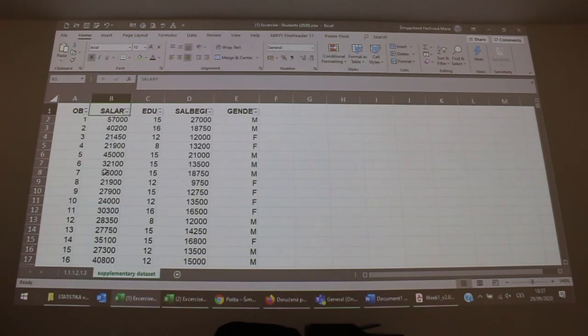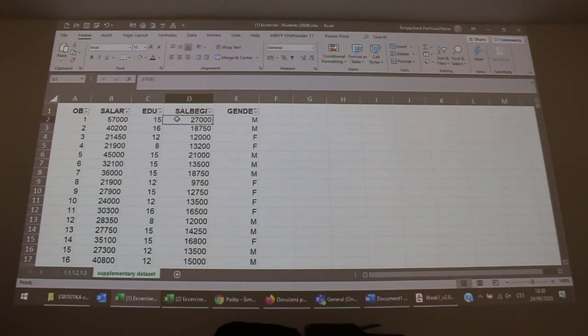salary, in Czech crowns; education, number of years spent in schools; salary at the beginning of the economic life of the particular person.